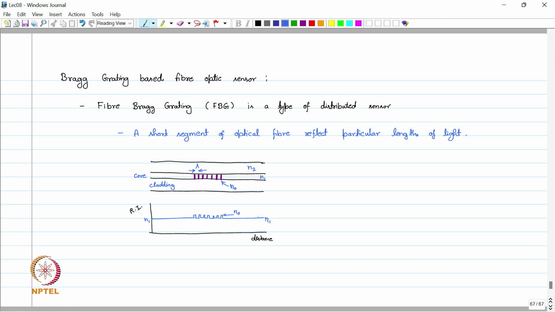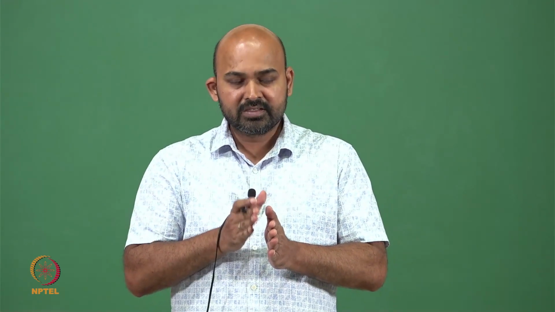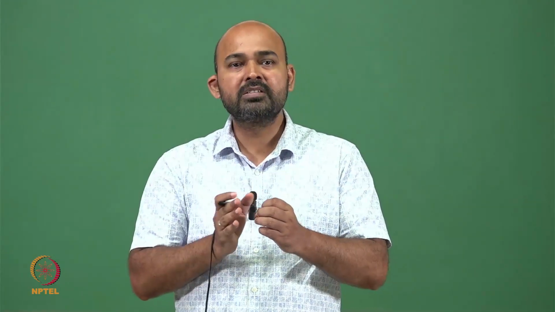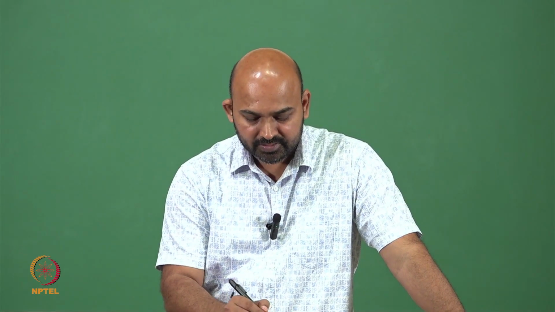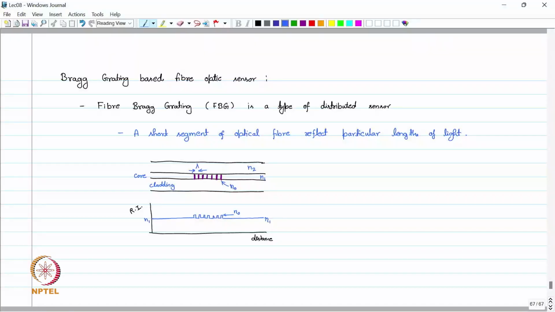So we can see that the refractive index of the core changes when there is a grating present, and the distance between the gratings is lambda, which is known to us because when we inscribe these gratings on the optical fiber, we precisely know the distance between them. So we have this lambda value known to us, and N naught and N1, the refractive indices of these materials, are also known to us.